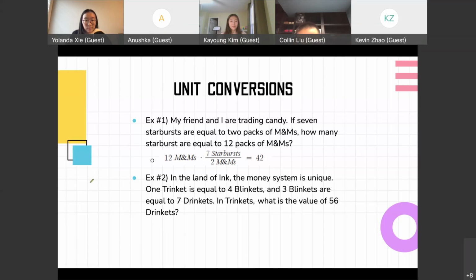But I think we should write it as a fraction since it's helpful later on. Then the second part says that 3 blinkets are equal to 7 trinkets. So we can write that as another ratio.